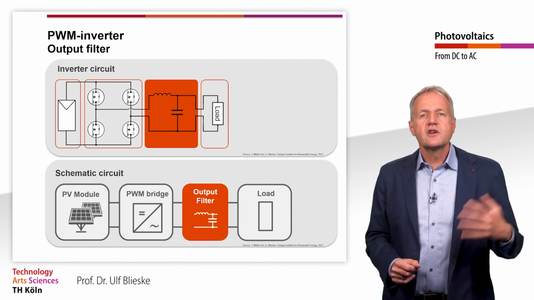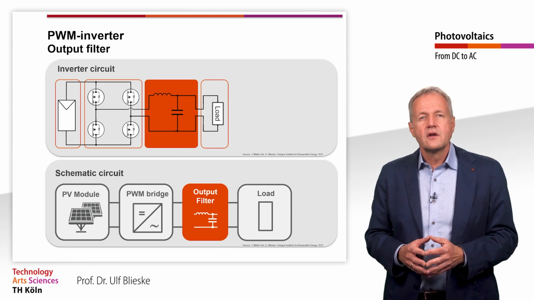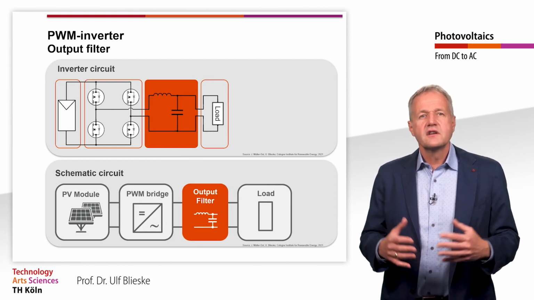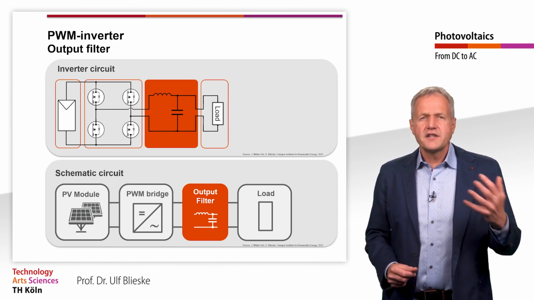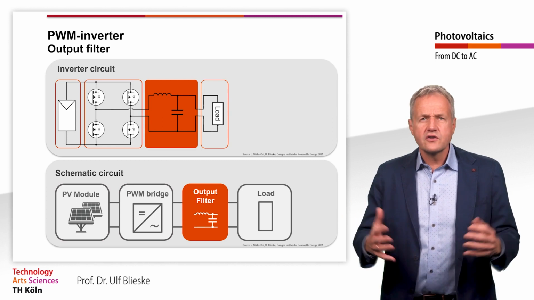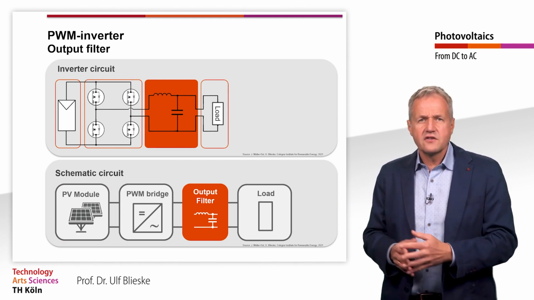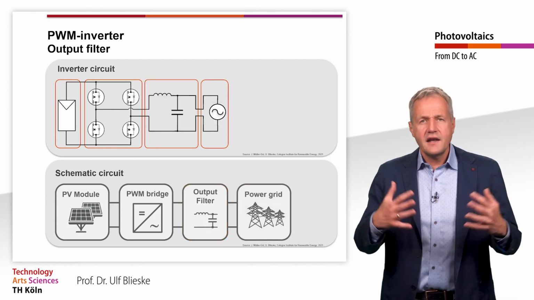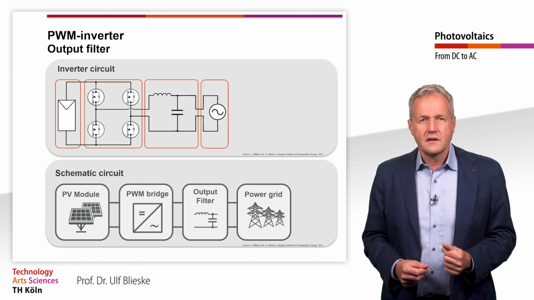Such a filter usually consists of inductors and capacitors, although several of the two can also be included in the filter circuit. Instead of operating a consumer, we could, of course, use the inverter to feed electricity into the public grid. This does not change anything in the circuit.